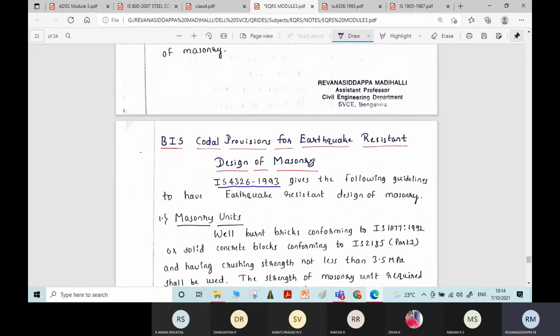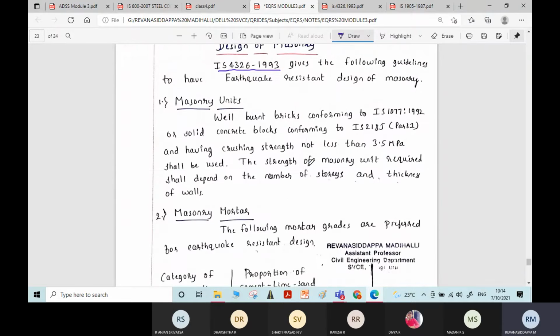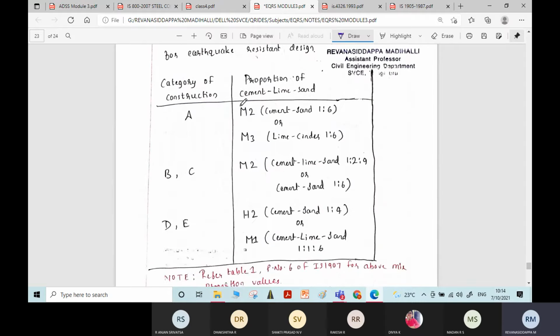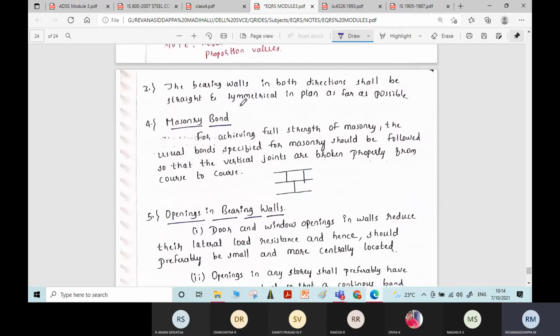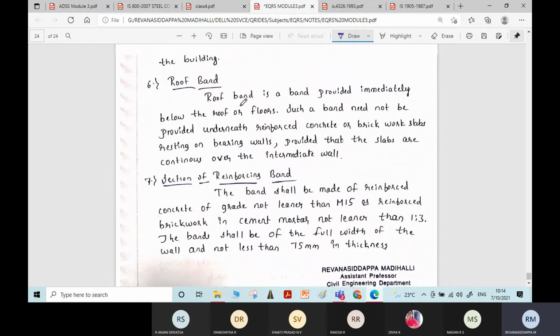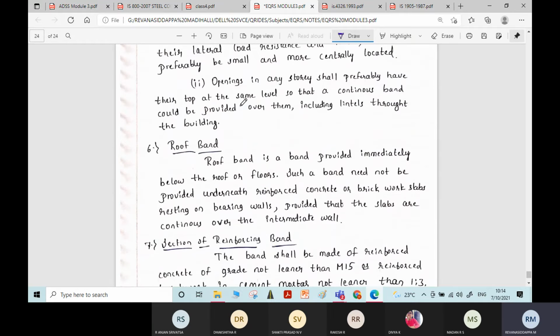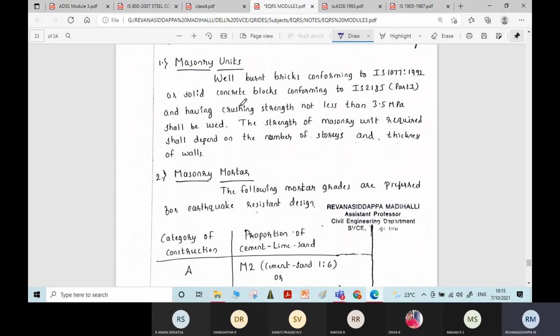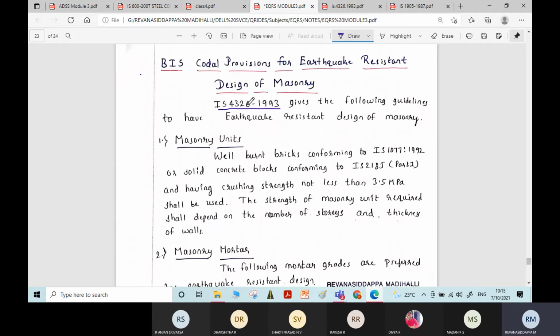There are clear-cut guidelines with respect to masonry units, masonry mortar, masonry bond, openings, roof band, and the section of the reinforcing band. If we follow all the guidelines mentioned in this code book, then we will have a good earthquake-resistant design of the masonry.